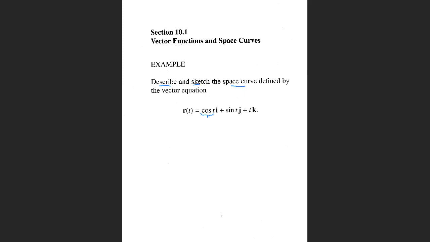You have an x component, but now that x component is a function of time t, or a parameter t. You have a y component, and you have a z component.